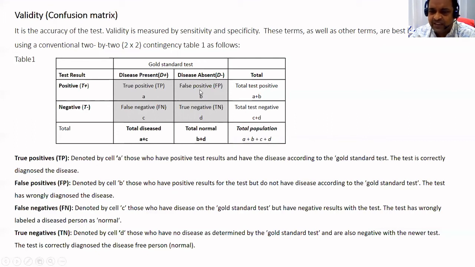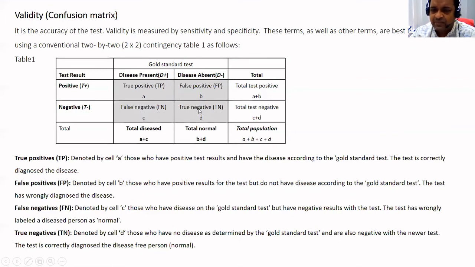They falsely identify the patient as having the disease, and it is denoted in cell B. And cell C is a negative test result in the laboratory test, but actually the patient has the disease. This is called false negative, because the laboratory identifies the patient as not having the disease, but the gold standard test finds the patient has the disease. In cell C it is FN.